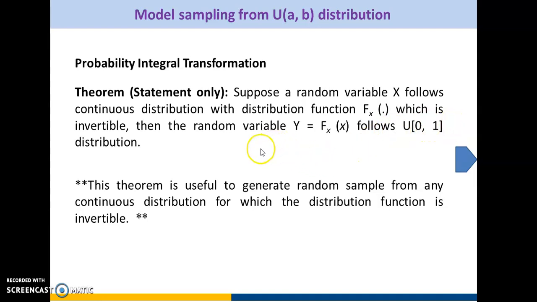In short, for any continuous distribution for which you can find the distribution function, that distribution function always follows a uniform distribution over (0, 1). So this theorem is useful to generate a random sample from any continuous distribution for which the distribution function is invertible. We are going to use this theorem for generating a random sample from the uniform distribution over (a, b) as well as from the exponential distribution with mean theta.